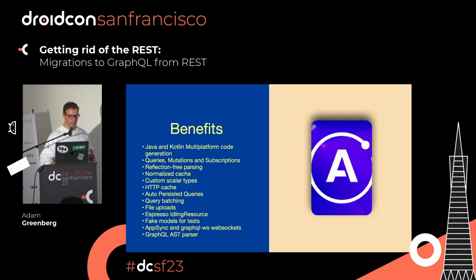It's not only the manager for the API requests, but builds the queries, mutations, and subscriptions, and gives us normalized caching capabilities, HTTP caching, custom scalar types, auto-persisted queries, and a whole bunch of other goodies, AST parsing, and multiple Gradle plugins to hook in and do code gen so that we know everything's mapped together.